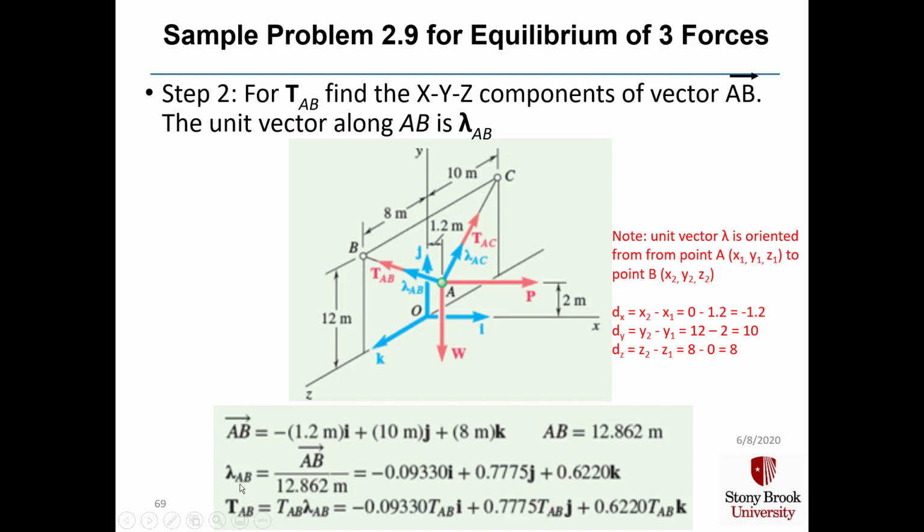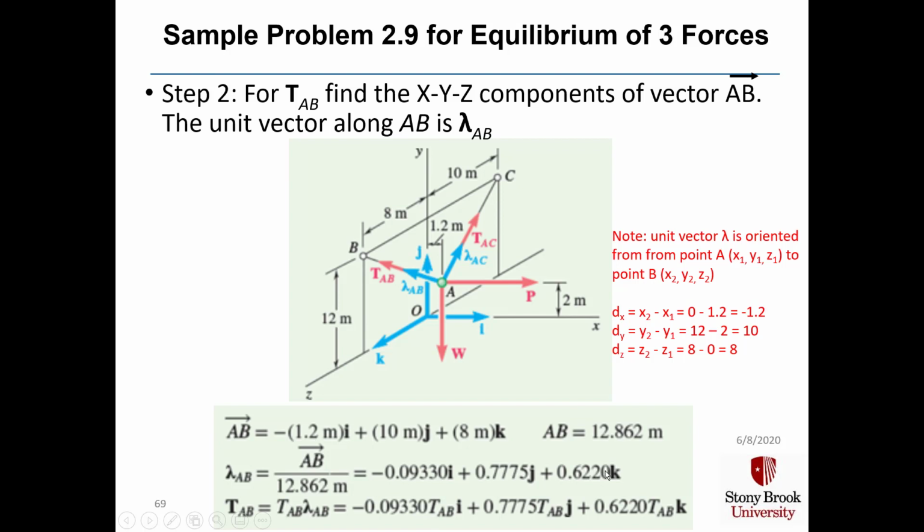We express lambda AB as vector AB divided by its length. So we take respectively the minus 1.2 and the 10 and the 8 and successively divide them by 12.862 to get the values of multipliers shown in the second line of i, j, and k.